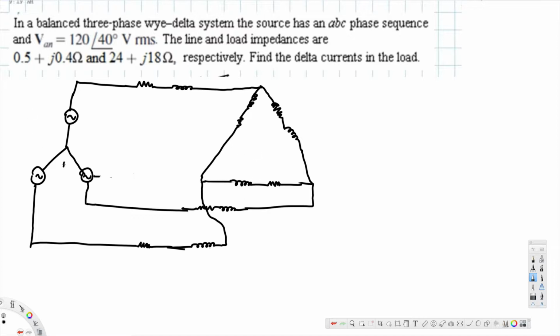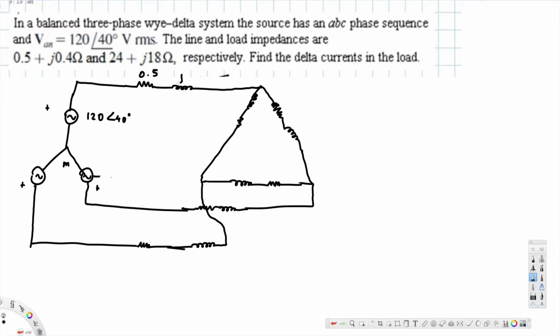Okay, so plus. Here the voltage is 120 angle 40 degrees, and this is 0.5, the line resistance is 0.5.